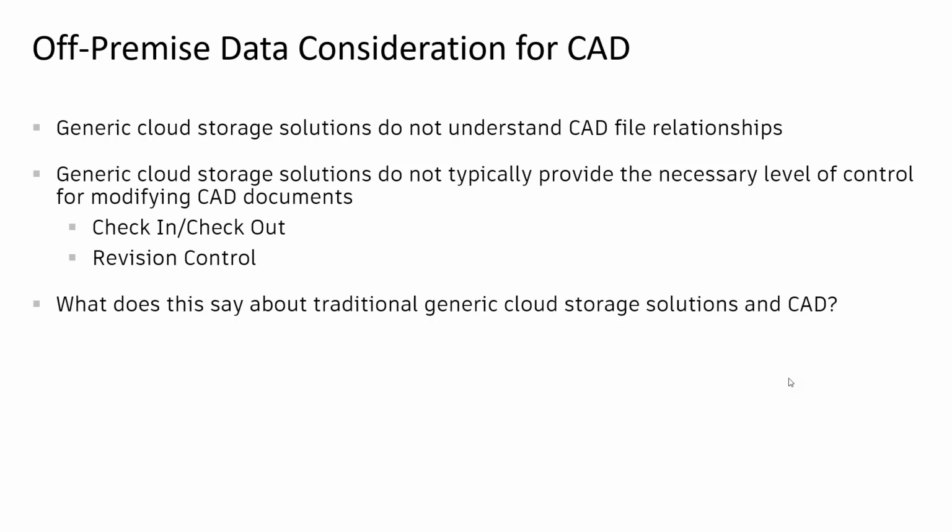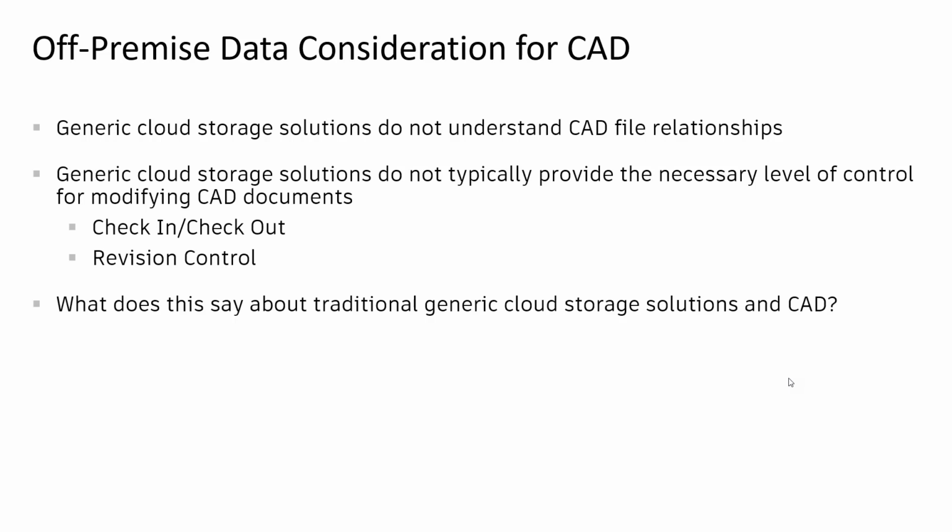Well, these solutions like Dropbox or SharePoint, they have no idea how, say, Inventor files work or AutoCAD files work with XREFs. They just treat pretty much every file like a file for the most part. So that causes problems in a couple different ways. If you need to move files around, well, files don't get moved appropriately, things don't get updated.